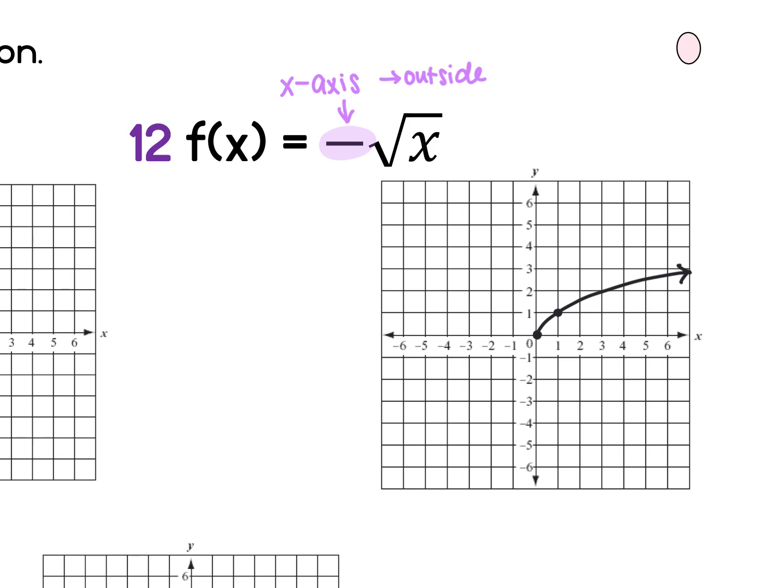And now I'm reflecting it over the x-axis. So looking at it, this is my x-axis. So that means it's going to go in the opposite direction. It's just a reflection. So this stays and this curves. So in the end, this is my answer right here.